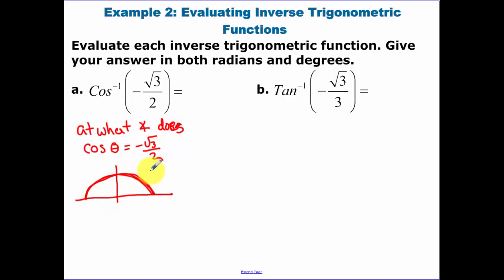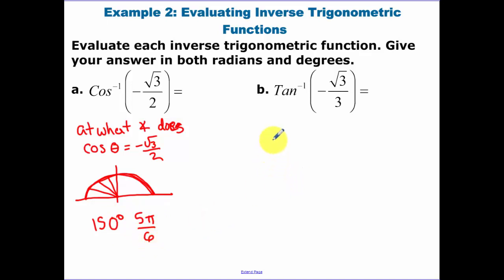In quadrant 1, all of them are positive, so I know I have to go to quadrant 2. Where's the cosine -√3/2? Is it 120? 135? Or 150? You've got to remember your unit circle. This actually happens at 150 degrees, or 5pi over 6.